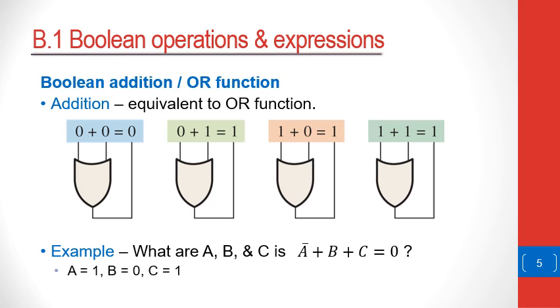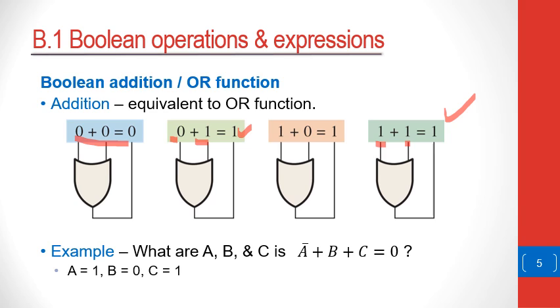So it's treated as 0 OR 0. And if you see an expression 0 OR 1, then the result becomes 1, and so on and so forth. So if you have 1 OR 1, then the result becomes 1 as well.